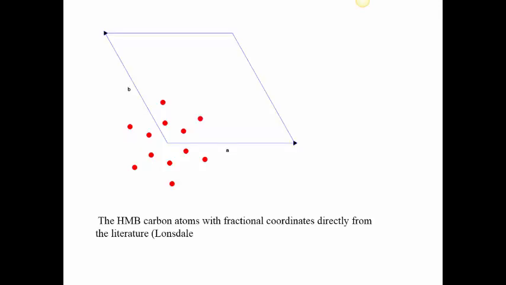Okay, so if we plot those points directly from the literature from Professor Lonsdale, here is the ABC all in the unit cell. Notice there are no bonds drawn. The literature, the experimental work, will allow us to get the positions of the atoms, but the bonds are really, to a certain extent, what you put in.